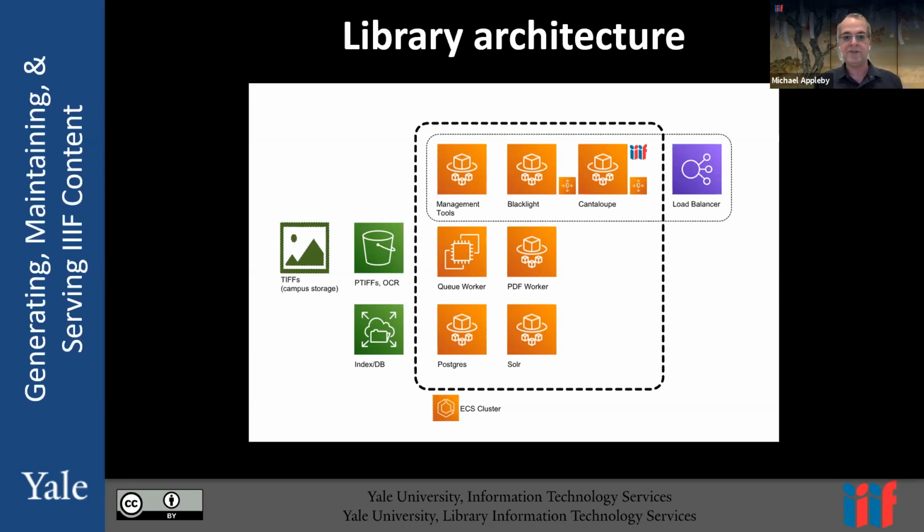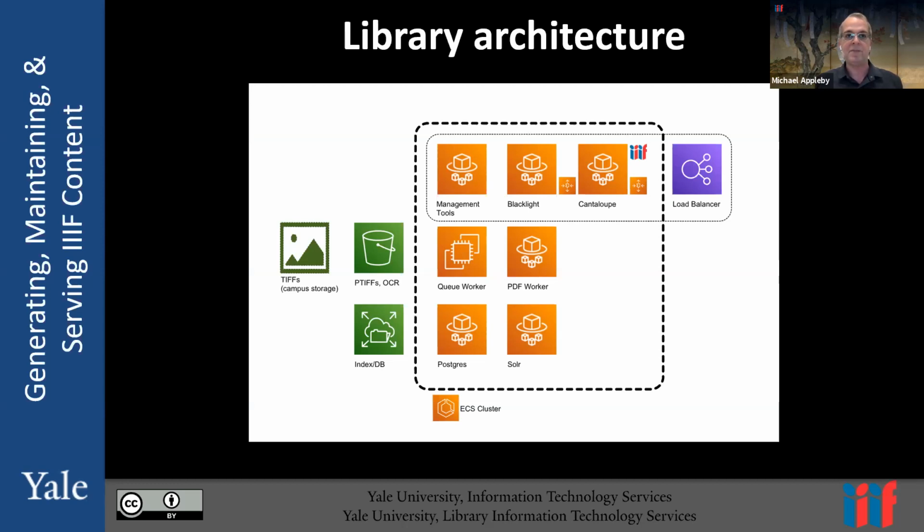The queue workers, you see they have a slightly different icon. Those are EC2 instances because they're actually using NFS to mount TIFF storage that's on campus. It's not part of AWS. The others are all Fargate serverless instances. We've got PTIFs that are generated, as well as OCR that would be uploaded, stored in S3.